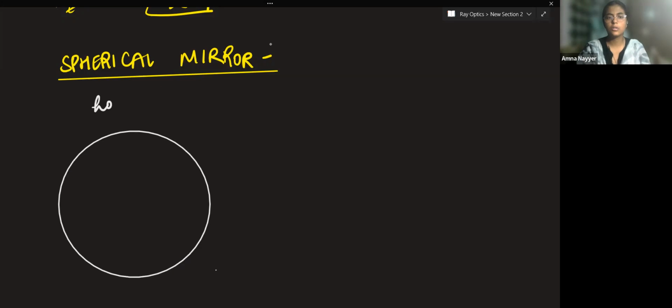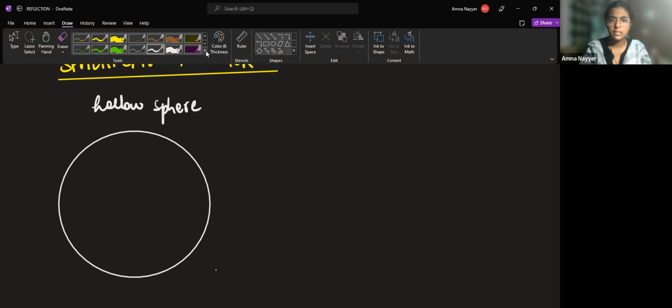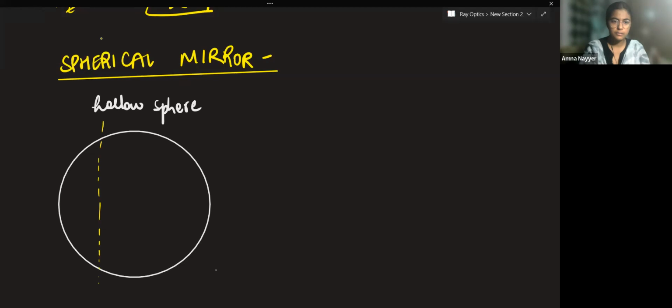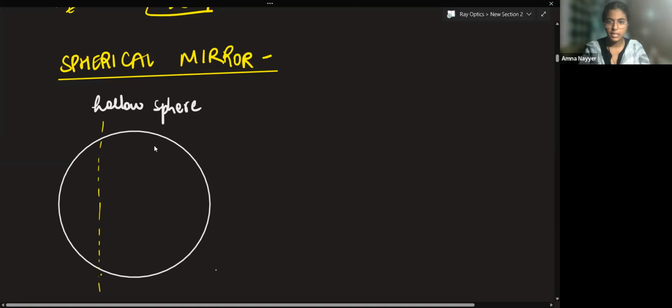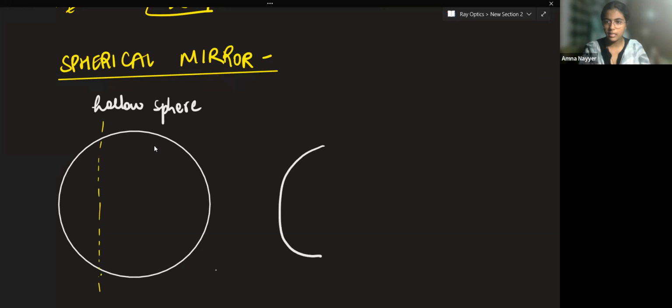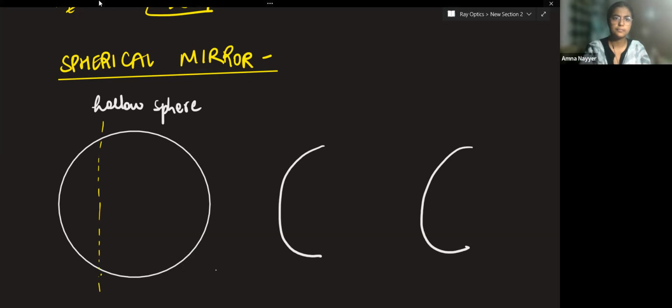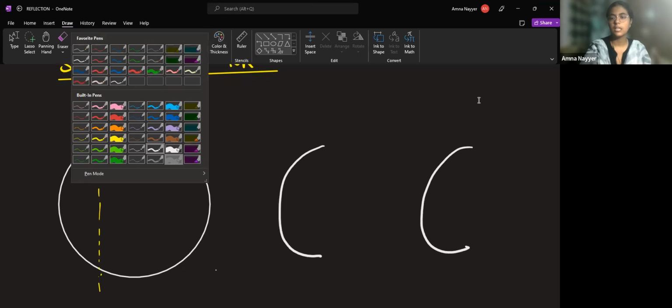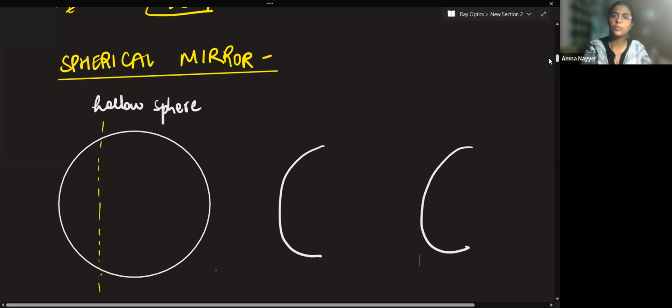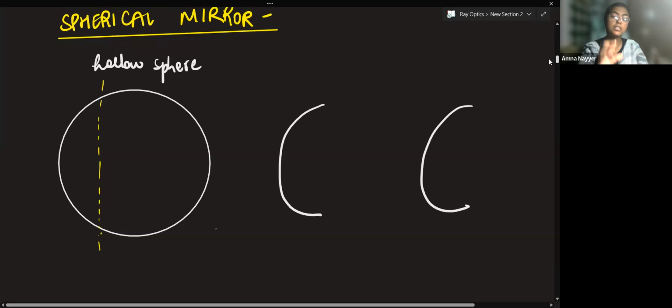This is a hollow sphere, hollow spherical mirror or hollow sphere, let's say. Fine. From this, if I cut a portion, I'll obtain a crescent shape. Now see, if I take this one, this is just a part of the hollow sphere.